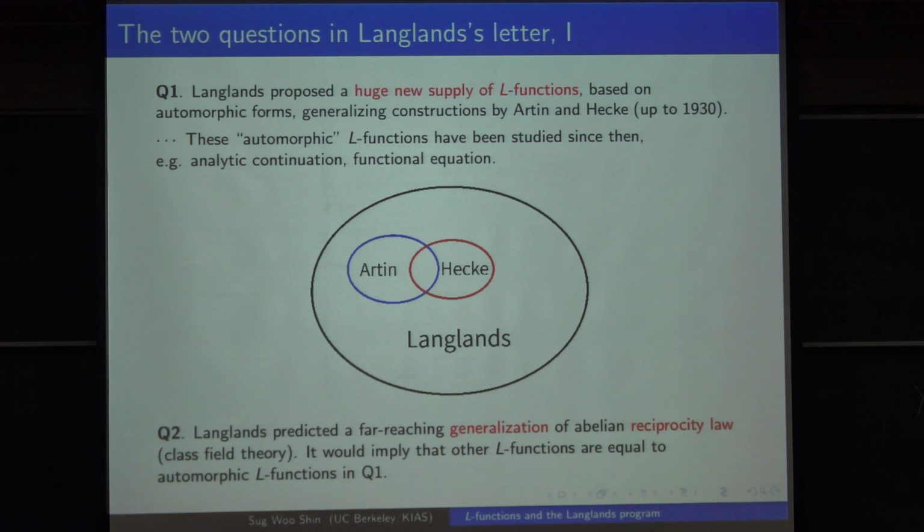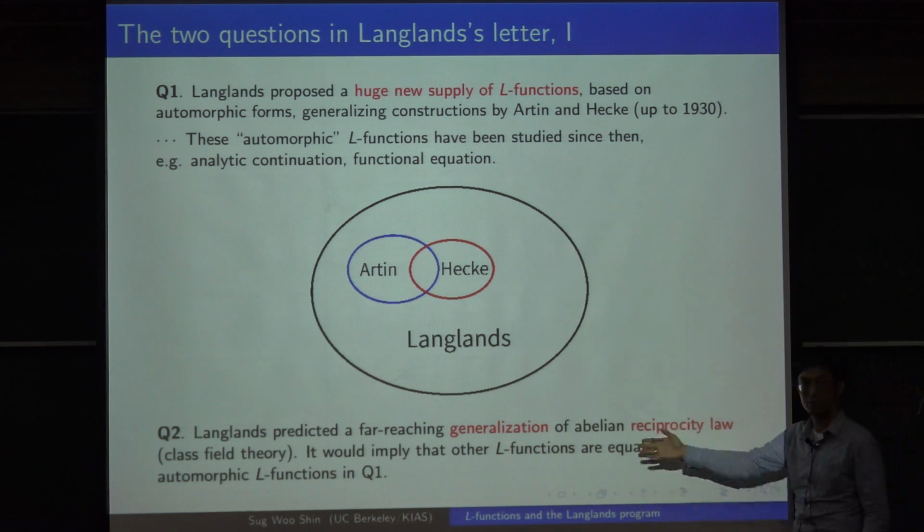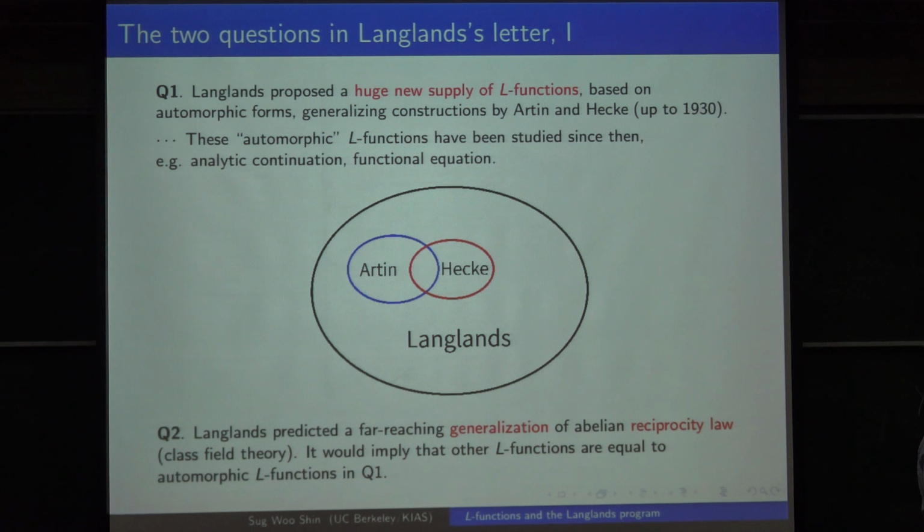And the second question Langlands raised was a general reciprocity law, indeed, going beyond the abelian case, which was basically class field theory. So it's supposed to deal with all non-abelian reciprocity laws. And in particular, it will imply that L functions coming from Galois representations or algebraic geometry should be equal to L functions coming from automorphic forms in question 1.